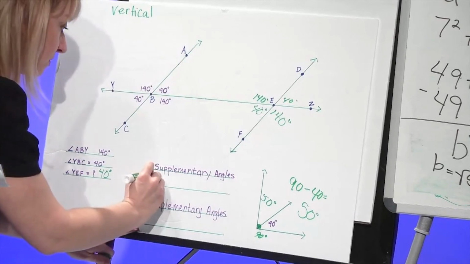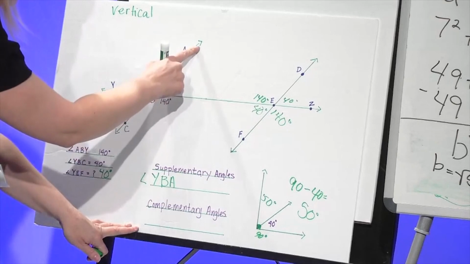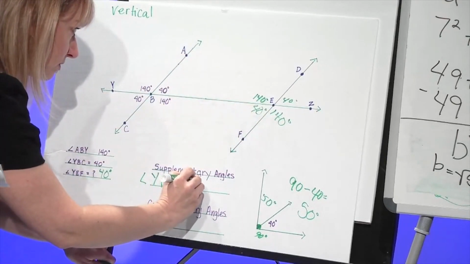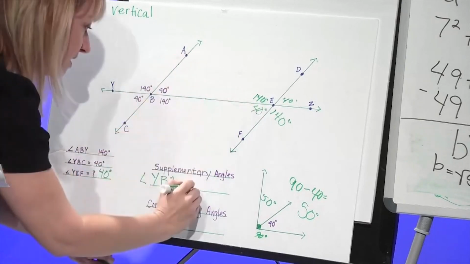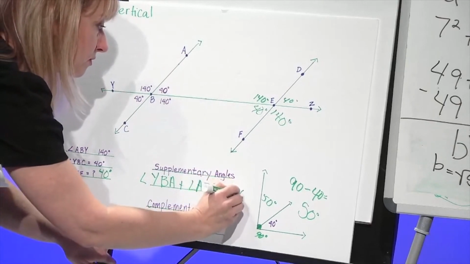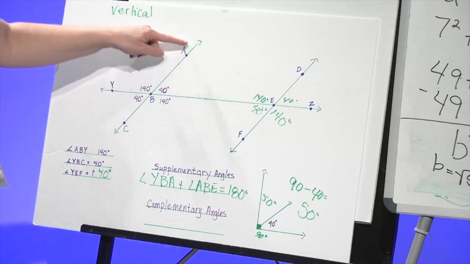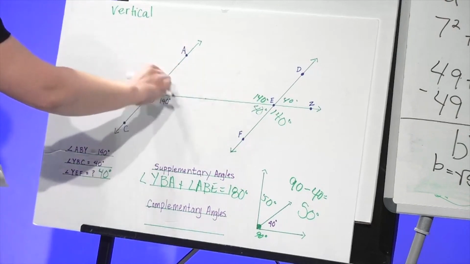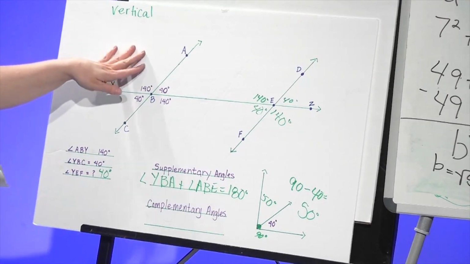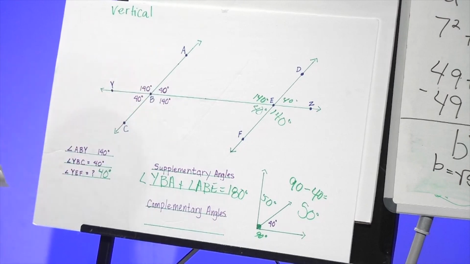Angle YBA and angle ABE are going to equal 180. Those would be supplementary because YBA and ABE form 180. So again, just knowing even one of these angles means that you can fill in the rest. You can solve for the other missing angles.